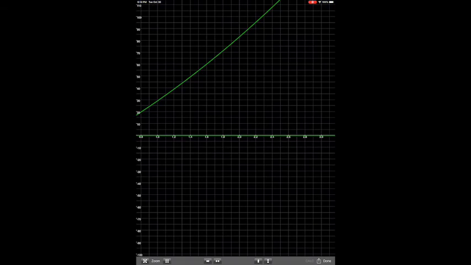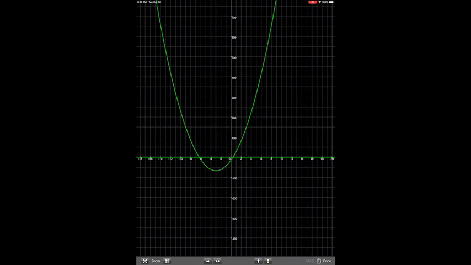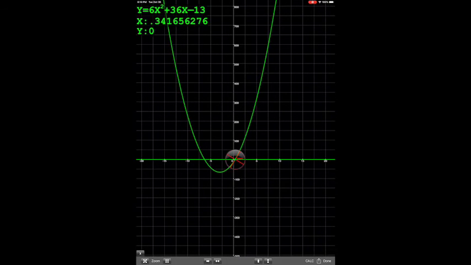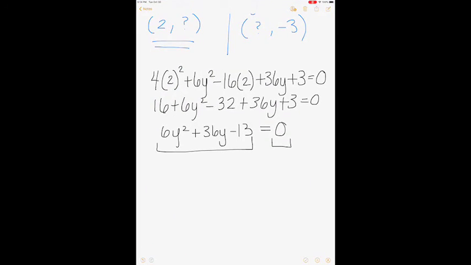You guys are going to do the intersection. Let's see, for me, I need zeros. Okay, one of them is at 0.341 or 0.342, 3 decimal places, and then the other one is at negative 6.342. All right, and that makes sense that we got 2 answers. Remember, we've got 2 horizontal tangents.